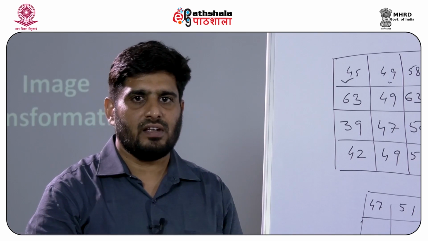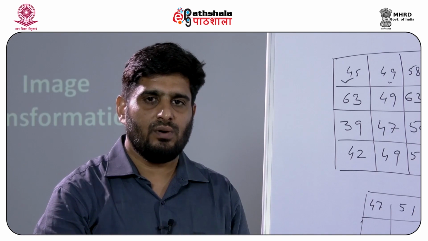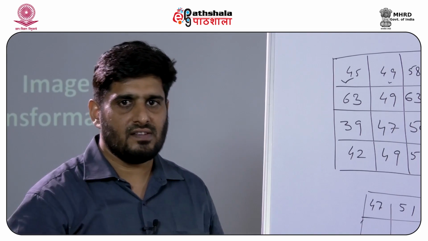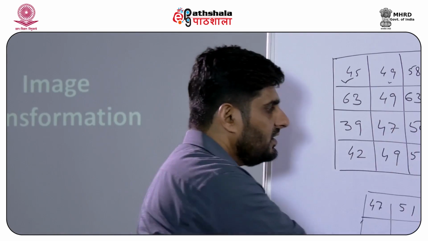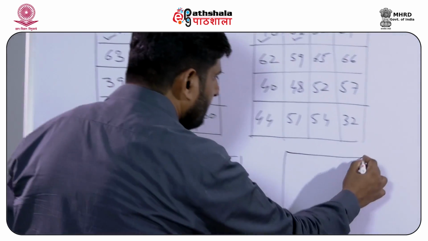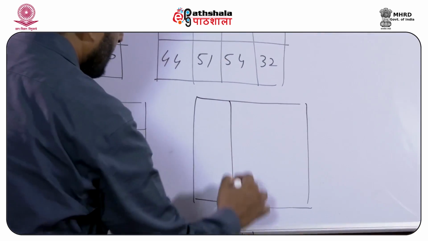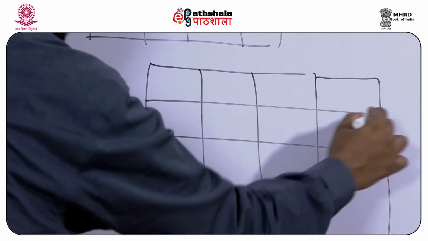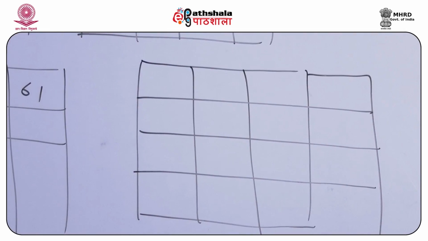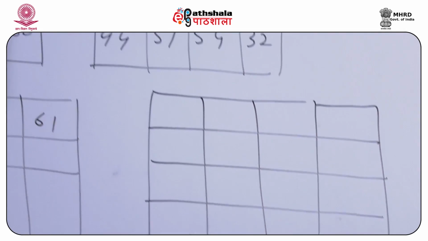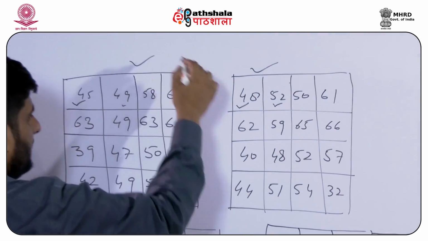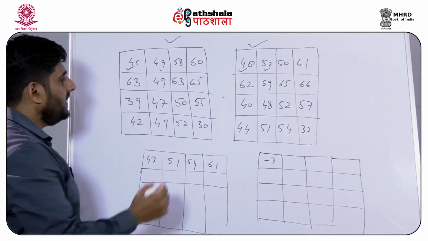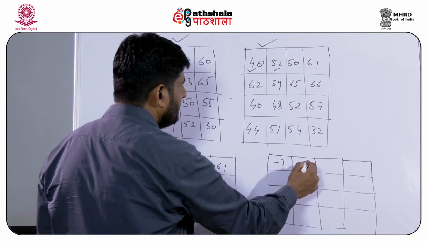For image subtraction, again we have to carry out the subtraction on a pixel by pixel basis, as we have discussed in this example. If we subtract this image from this image, we get the value here as -3. Similarly, in this case also we get a -3 value.